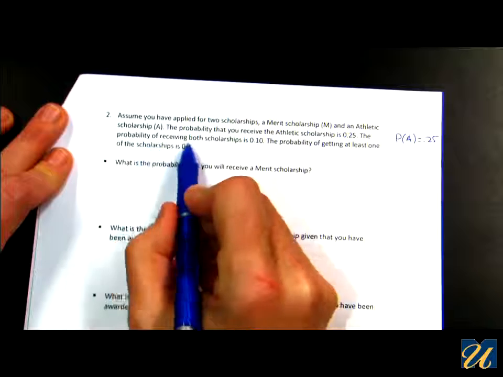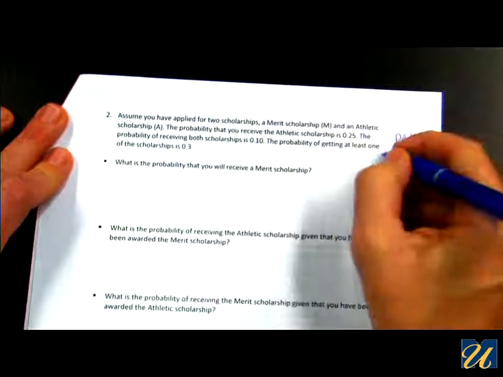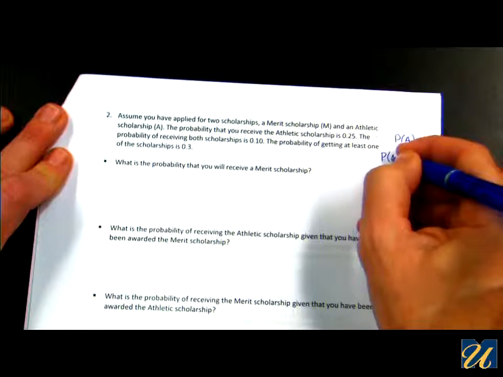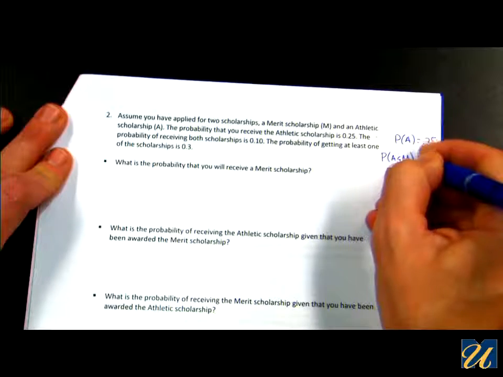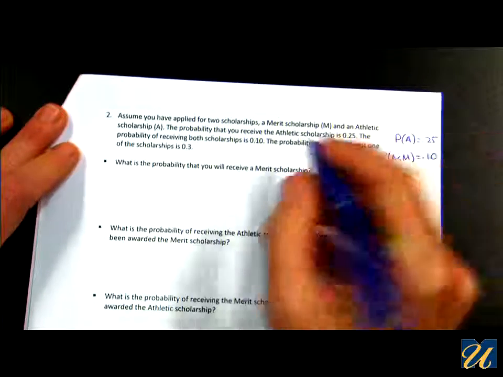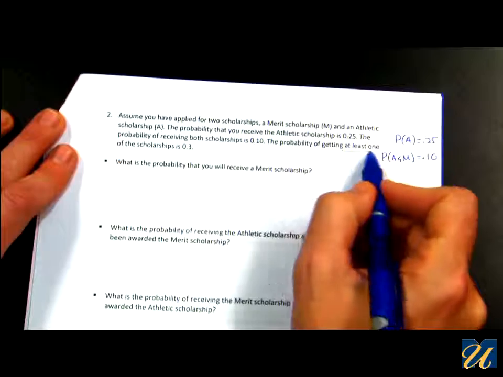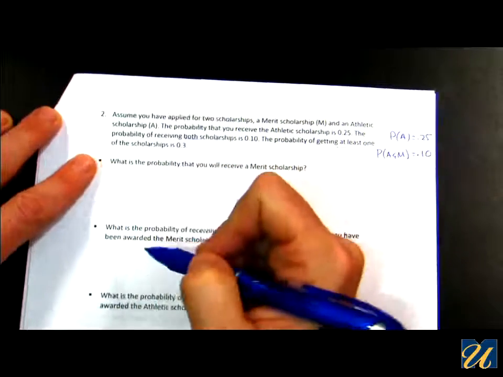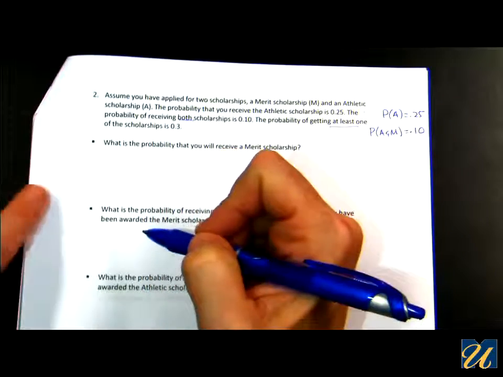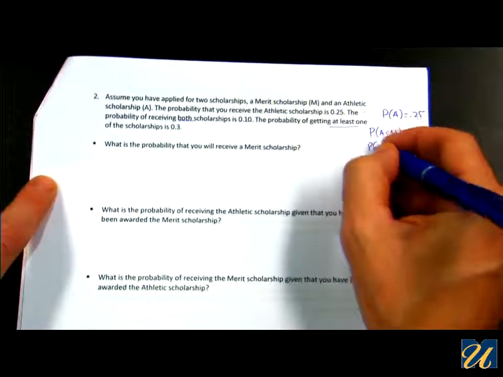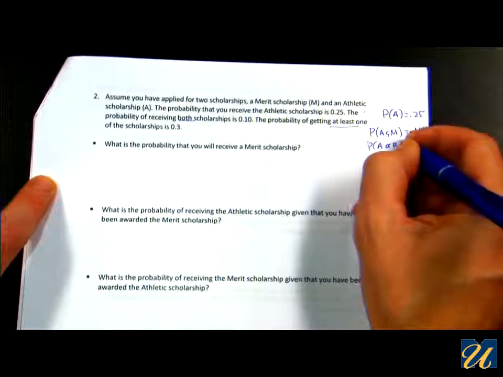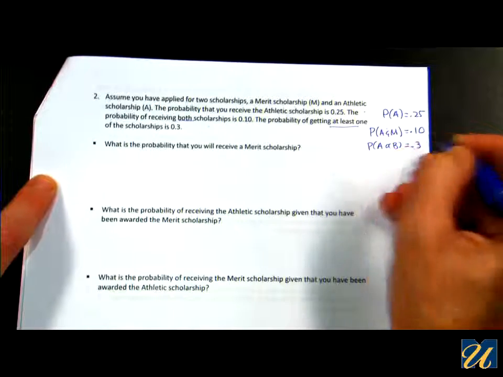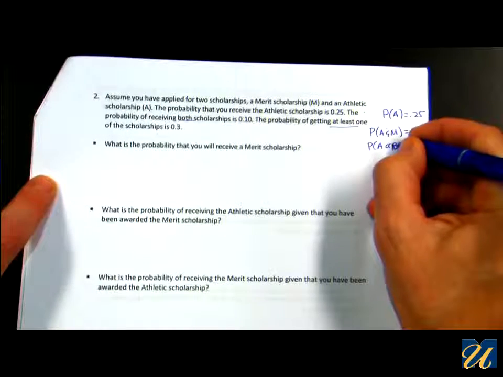The probability of receiving both scholarships, probability of A and M, is equal to 0.1. And the probability of getting at least one of the scholarships is 0.3. Probability of getting at least one means probability of A or M, one or the other.